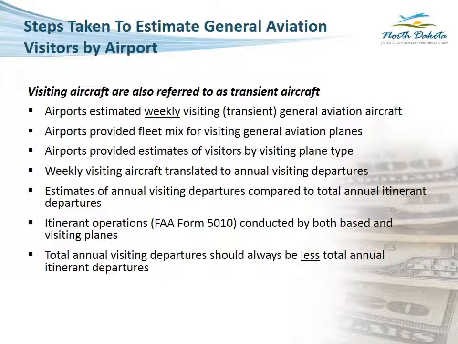Annual visiting operations should always be less than the total itinerant operations. Itinerant operations are conducted by both visiting and based aircraft. In the event that visiting activity was estimated to be higher than the total annual itinerant activity, further discussion with the airport was undertaken. All general aviation visitor estimates were shared with each airport before they were used in the study to estimate economic impacts in the general aviation visitor category.